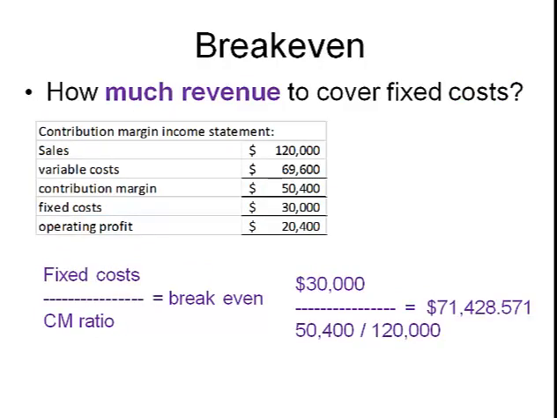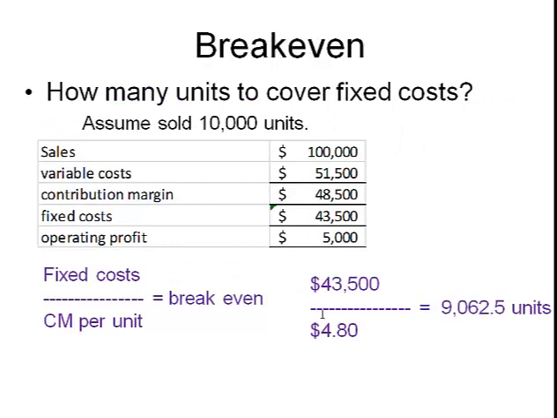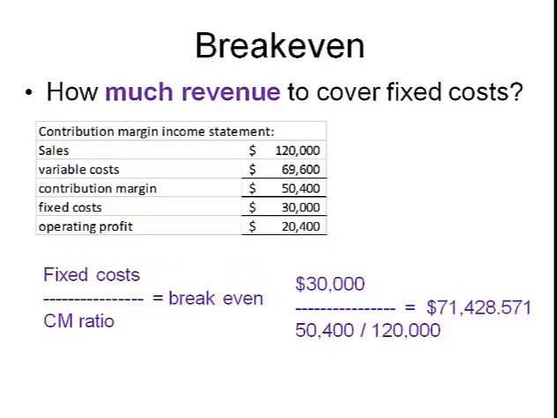It is unusual for firms to sell just one unit. So the break even, where we're looking back at how many units to sell, is not very useful once you have many units. So when you have a multi-unit firm, you calculate break even or break even and target profit using the contribution margin ratio.